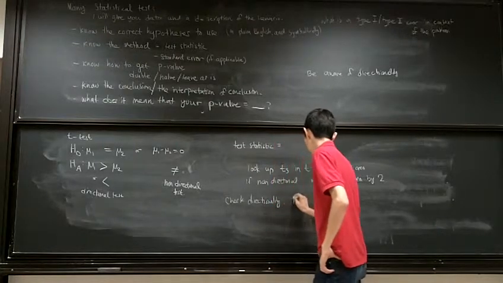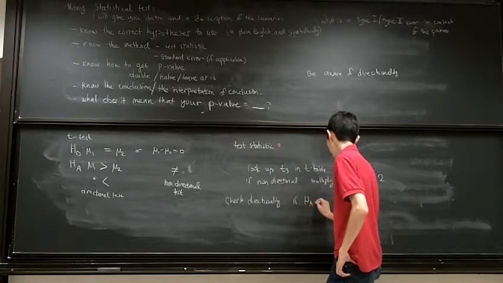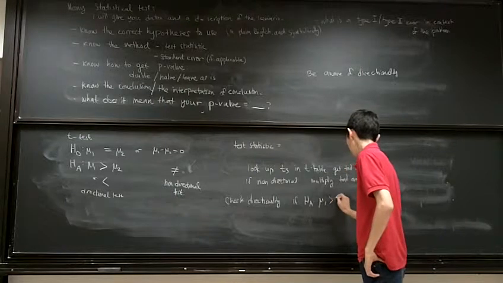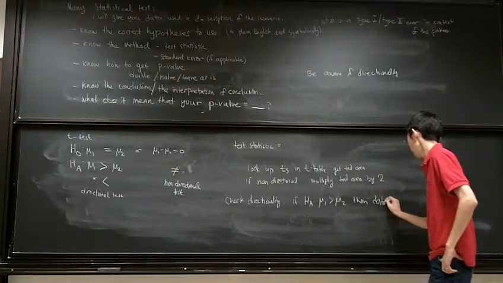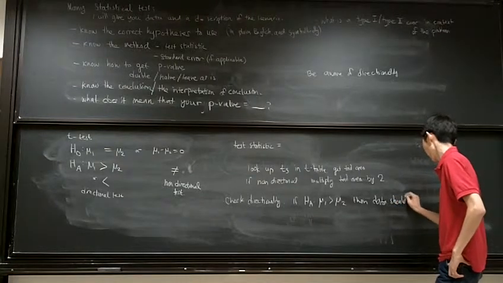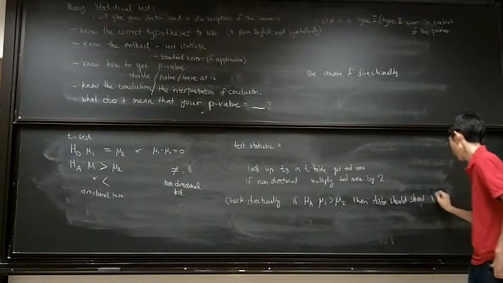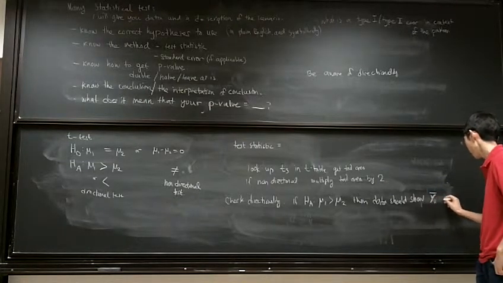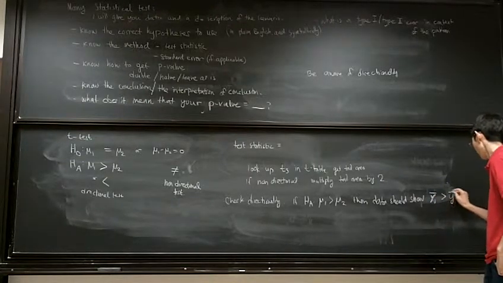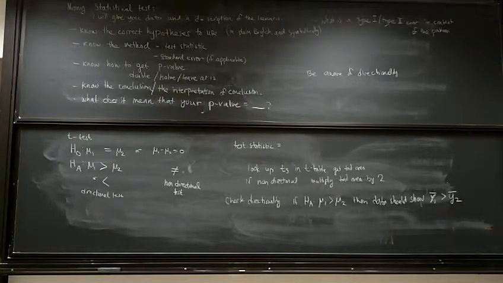Okay, so if the alternative is that mu1 is greater than mu2, then the data should show x bar, or I guess y bar 1 is greater than y bar 2. Okay.